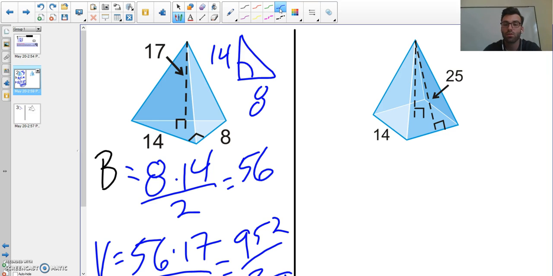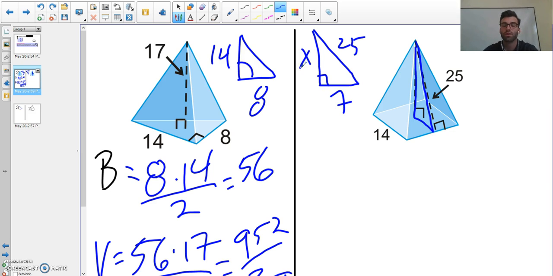So I'm going to take out this triangle here, right there. I'm going to use that to help me find my height. So this right here is 25. This bottom part here is half of 14, so that is 7, and this is x.